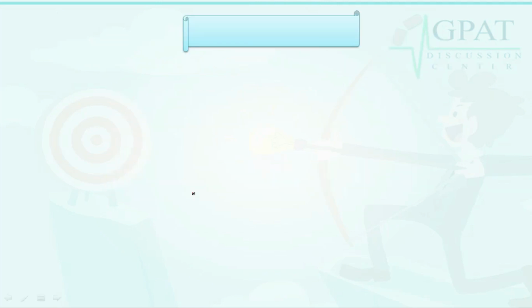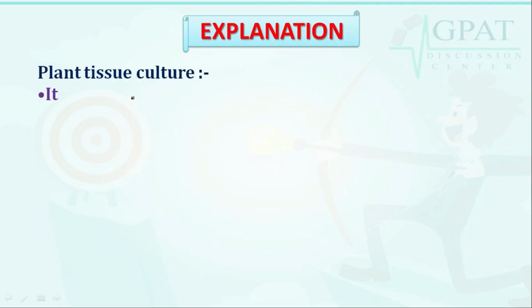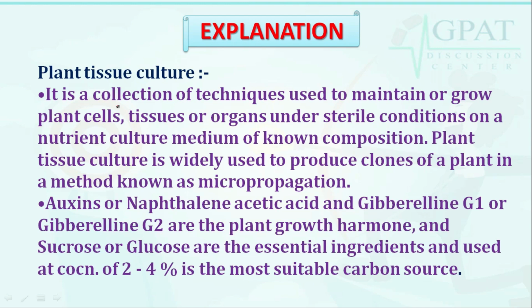Here we have the explanation of this question. Plant tissue culture is a collection of techniques used to maintain or grow plant cells, tissues, organs under sterile conditions on a nutrient culture medium of known composition.